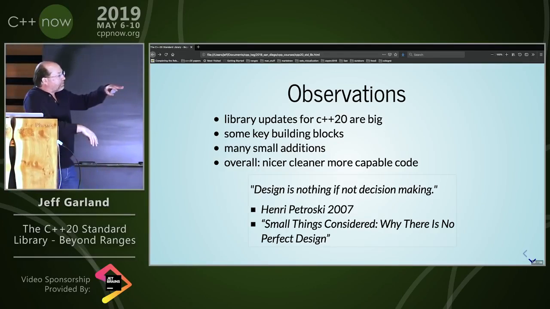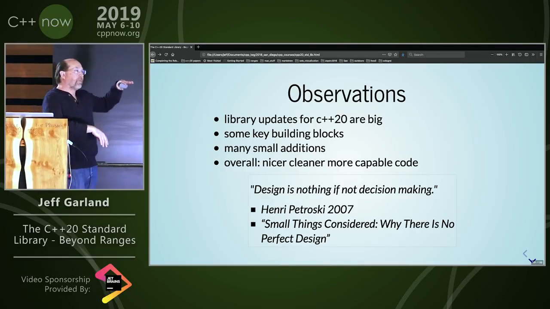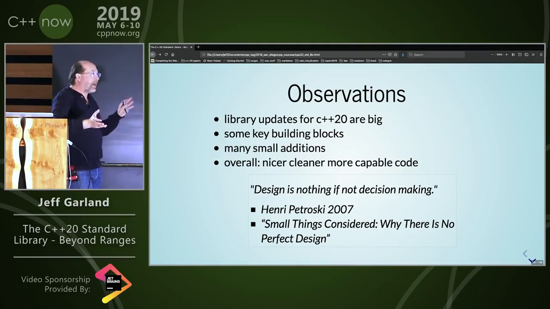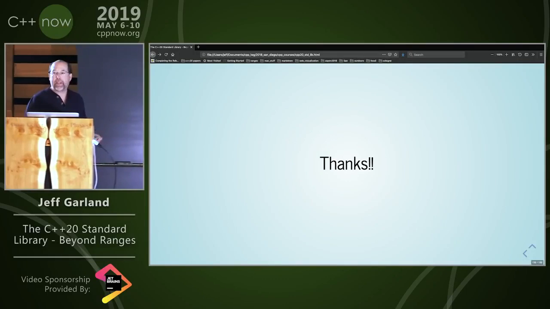And I thought this is particularly true because when I was reflecting on the number of decisions that had to be made to get the standard library to where it is today, even the language, of course, to where it is today, there had to be thousands and maybe millions, I don't know what the order of magnitude is, tens of thousands of conversations, tens of thousands of decisions. It's really a lot of stuff. So, okay, thank you.